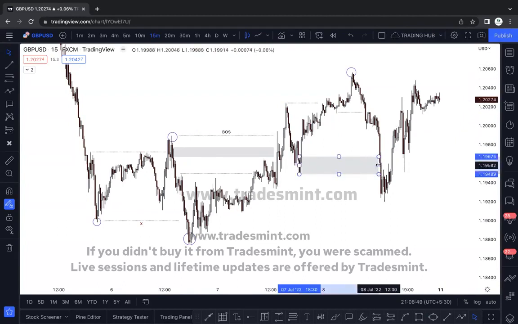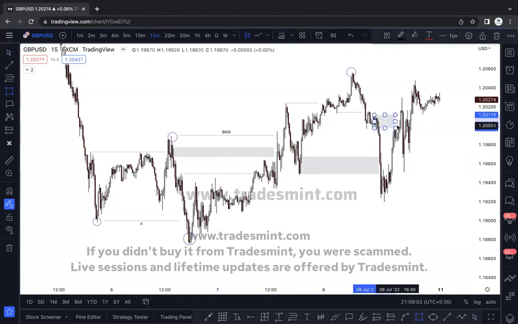Market broke this zone, and now people are anticipating sell here because they think the market is extremely bearish in the higher time frame, and this demand has been broken, and they are again looking for sell in this zone. And then again trap, market reaction. This is called a smart money trap. What happened? The same thing happened here, and the market again pushed higher.